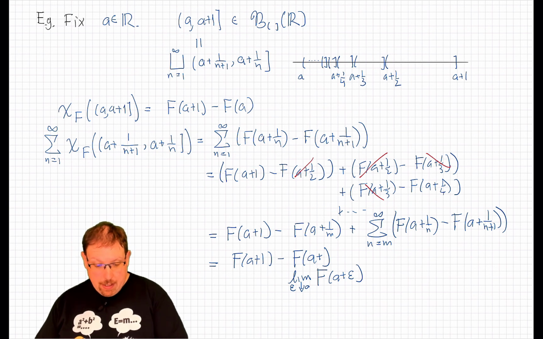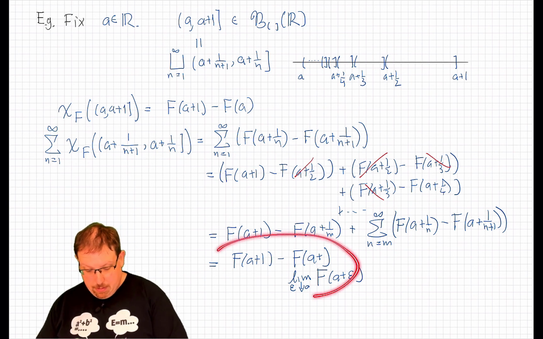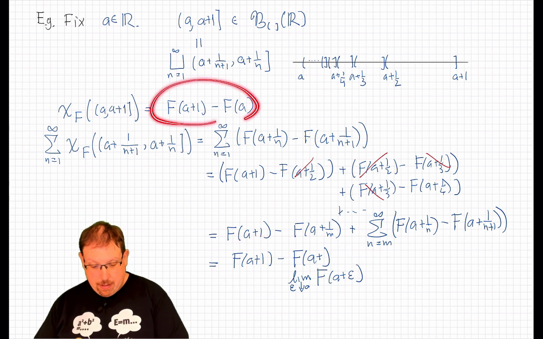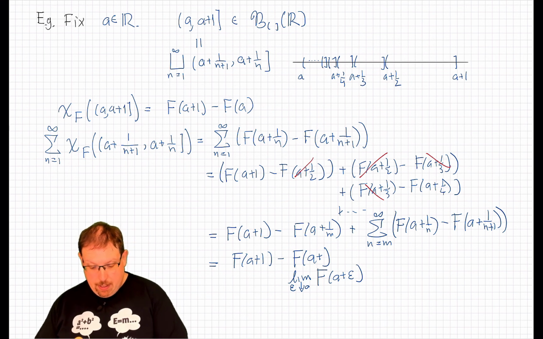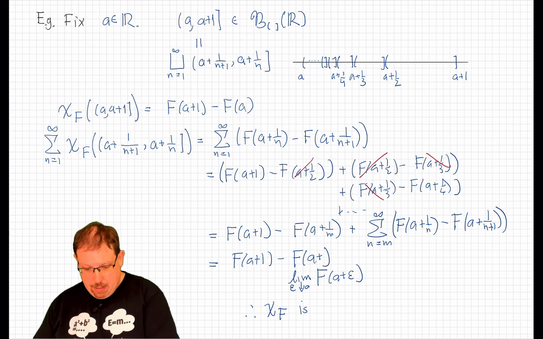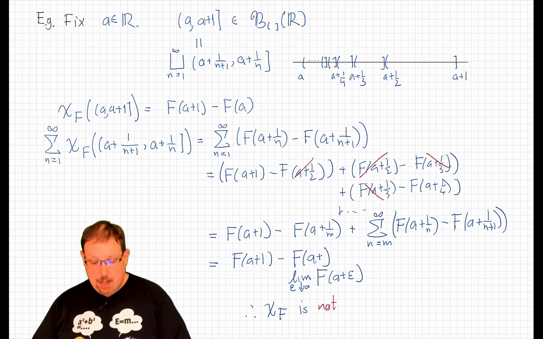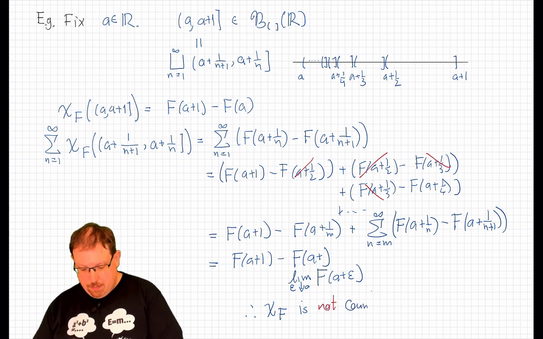Now we would like this to equal that in order for chi-f to be countably additive. And so we see clearly that chi-f is not countably additive if f at a plus is not equal to f at a.